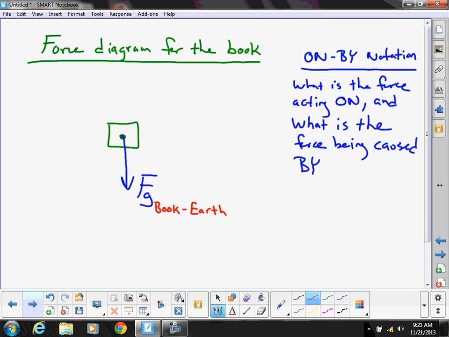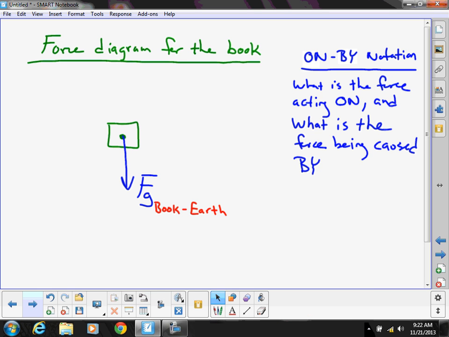For on-by notation, the on part should always be the object that we are analyzing the forces on. So if we have a force that we end up putting on our force diagram for the book that is not being put on the book, then it doesn't belong there. Okay.